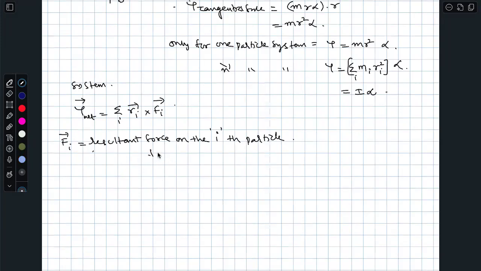And this consists of forces exerted by other particles plus force externally.